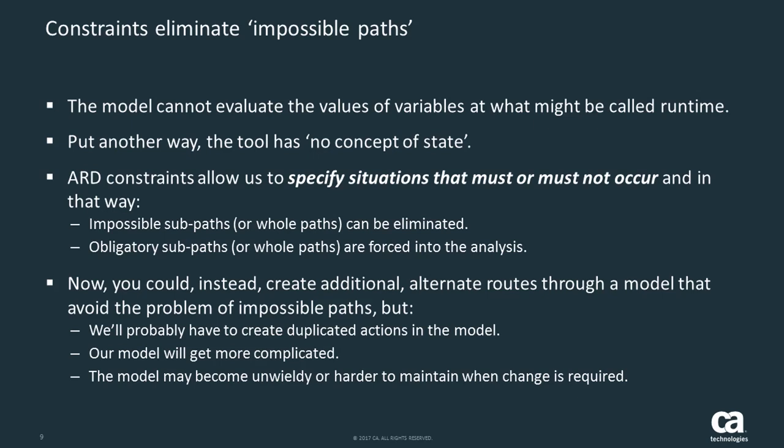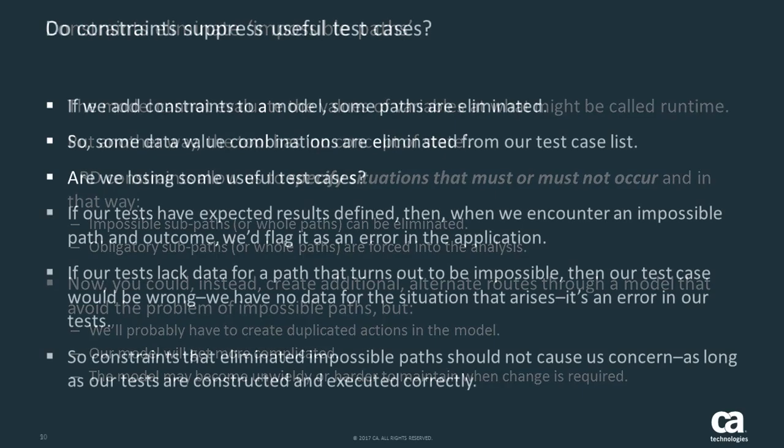But because of the inability of ARD to maintain state, these models are stateless, if you like, we get excessive paths, so we have to use constraints to reduce the number of possible paths.